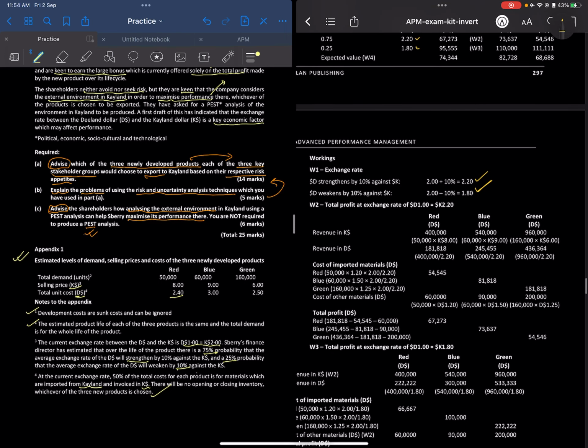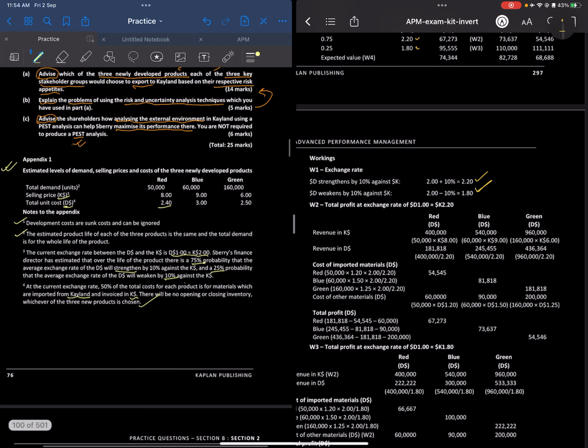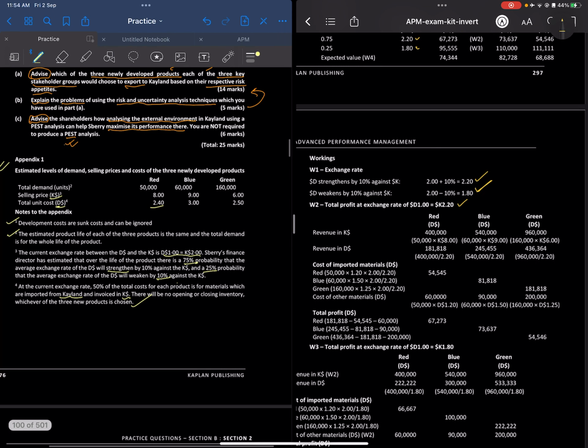For the total profit, if the exchange rate is 2.2, what will happen? The revenue will be the same: 50,000 times 8. That will give us revenue in K-land dollars, and we need to convert that revenue to our own currency.